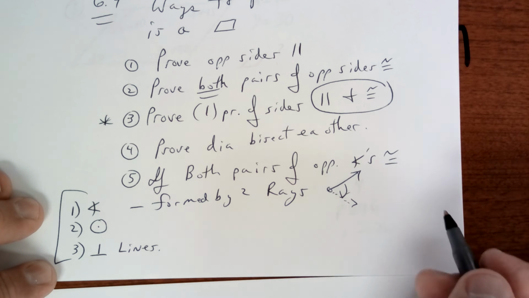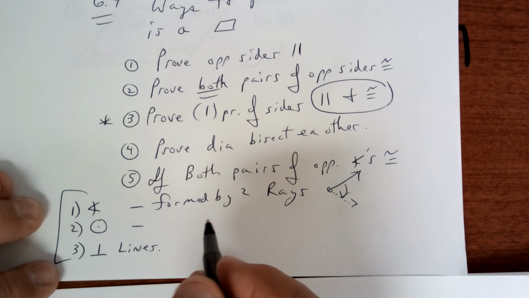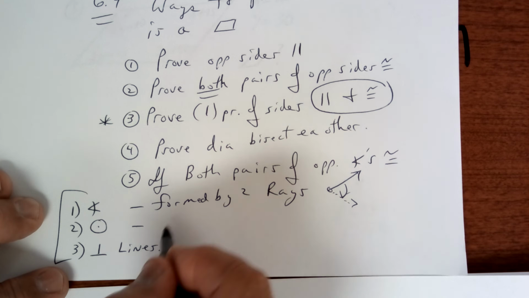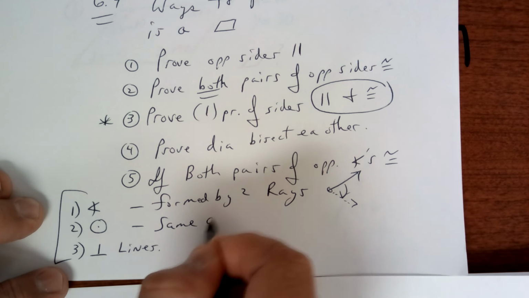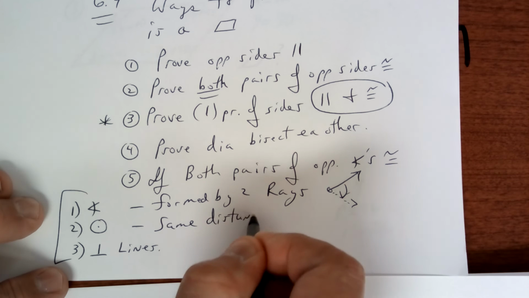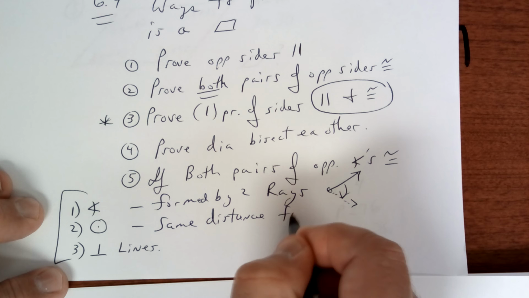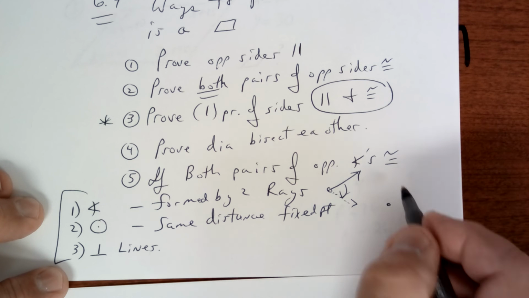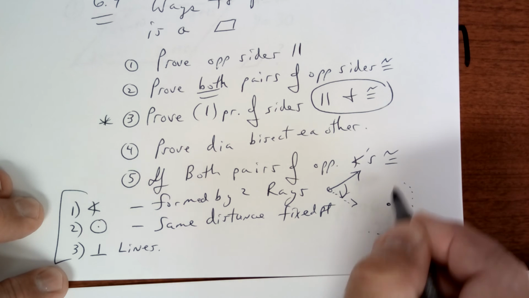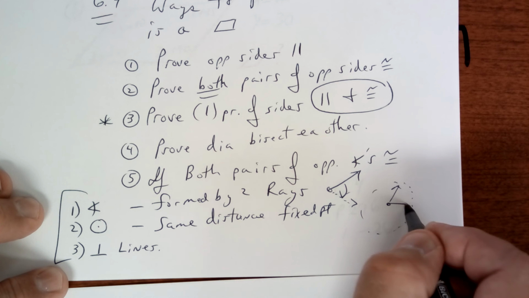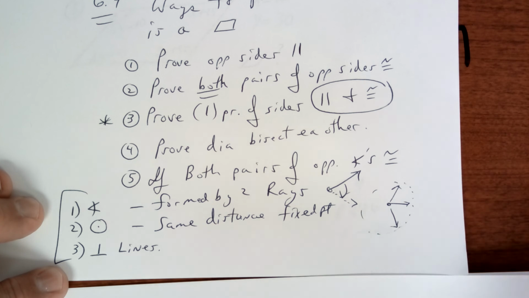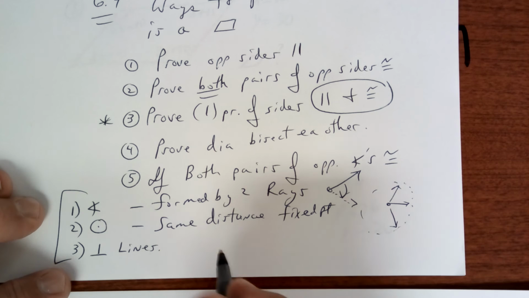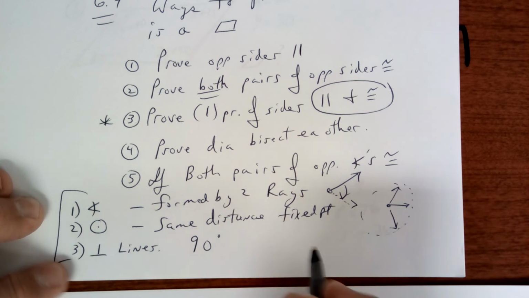A circle is the same distance from a fixed point. So a circle, there's a point, and if they're the same distance from here to here, that's a radius, it is a circle. Perpendicular lines are 90 degrees to each other.